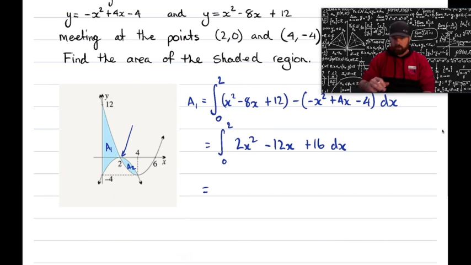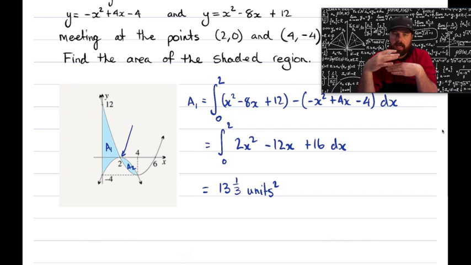Without actually going through all of that, I'm going to tell you that it becomes 13 1/3 units squared. So that's our area 1.